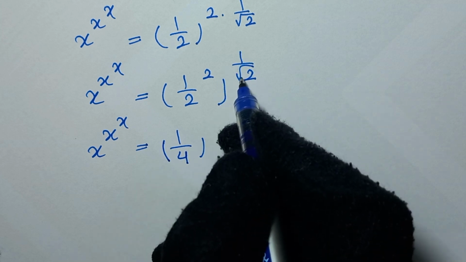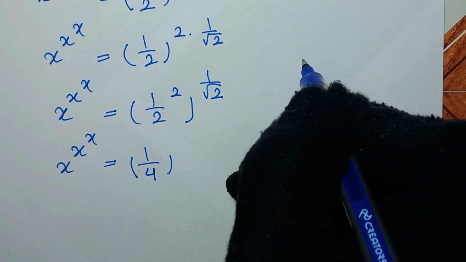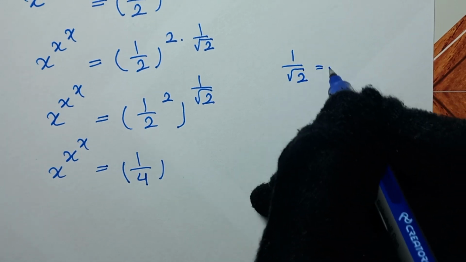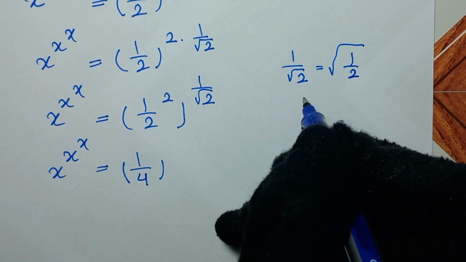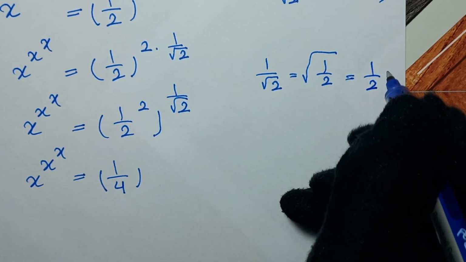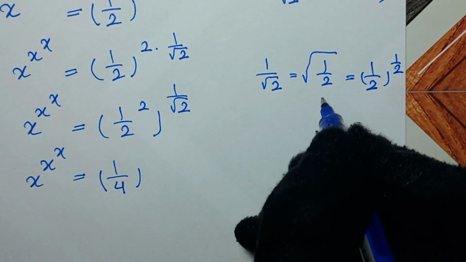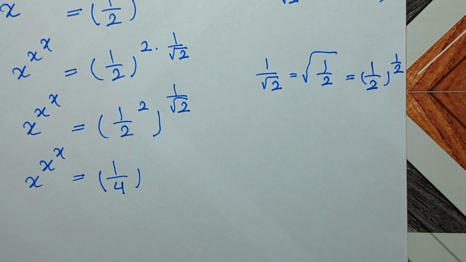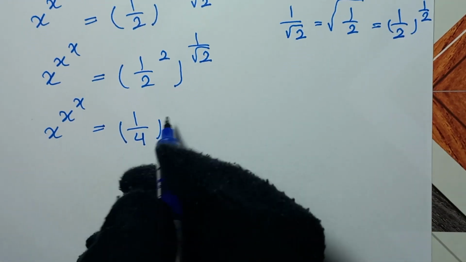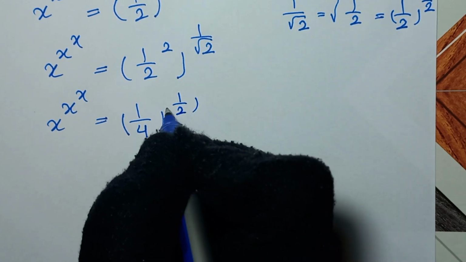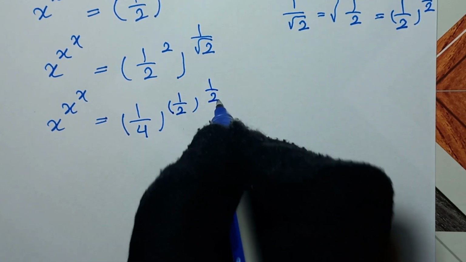Here, 1 over the square root of 2 we can write as square root of 1 over 2, and this is equal to 1 over 2 to the power of 1 over 2. Here, we write this square root as power of 1 over 2. So we write this 1 over square root of 2 as 1 over 2 to the power of 1 over 2.